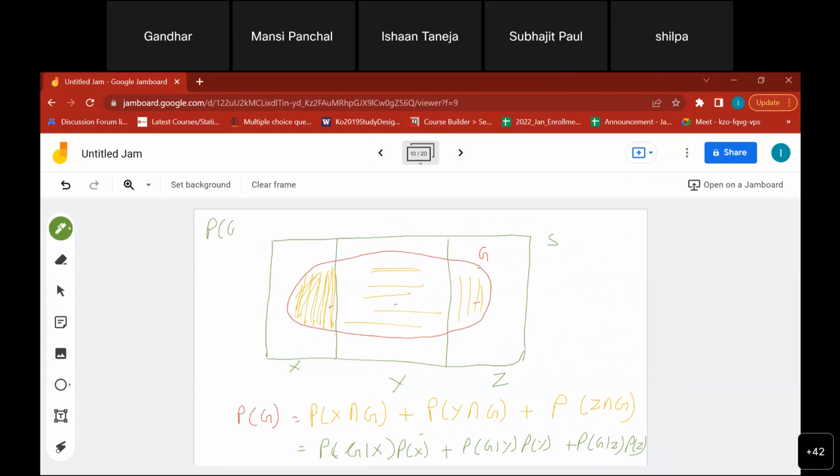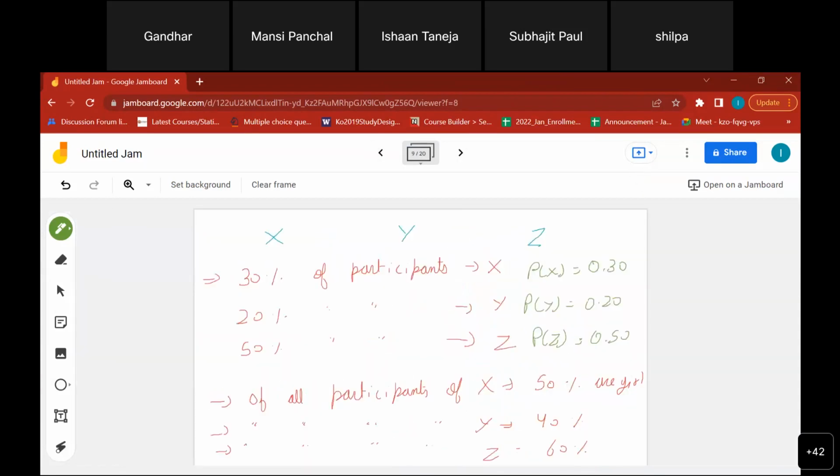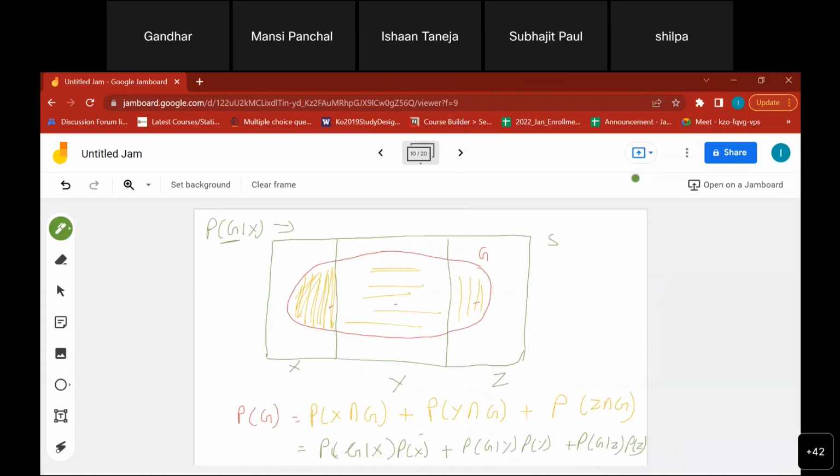What does G given X mean? Given that the participant selected is from college X, the probability of it being a girl is 50%, because of all the participants of X, there are 50% girls. So given that the participant is from college X, the probability of it being a girl would be 50%, right?